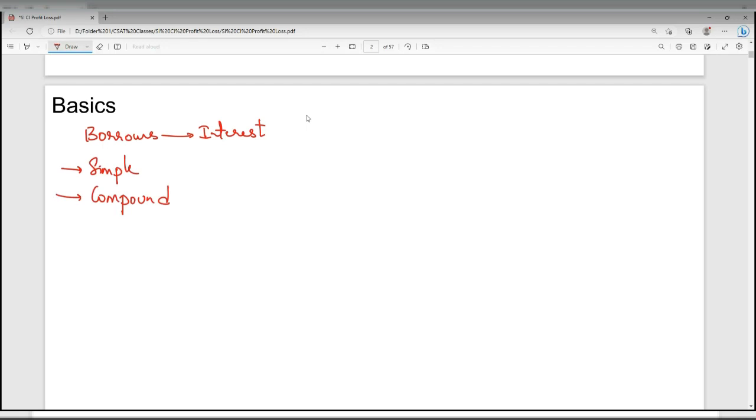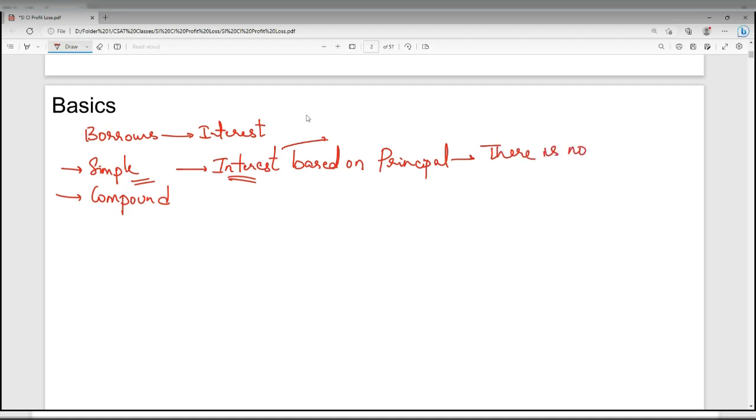What happens in simple interest is you will get the interest based on the principal. So this principal amount will get you the interest, but there is no interest on interest in simple interest.